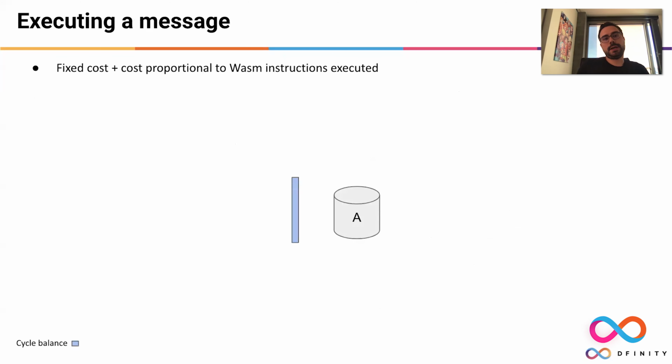Next up is what happens when a message gets executed. In this example, we'll go through a canister, let's call it A, and the blue bar denotes its cycle balance. Again, based on the principles, there's a fixed cost for this operation and a cost that is proportional to the number of WASM instructions that are executed.